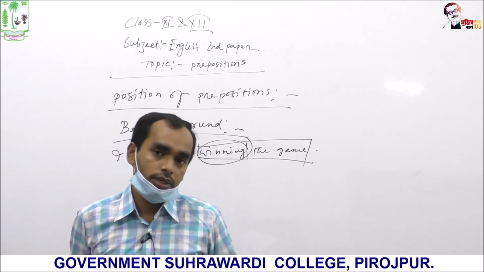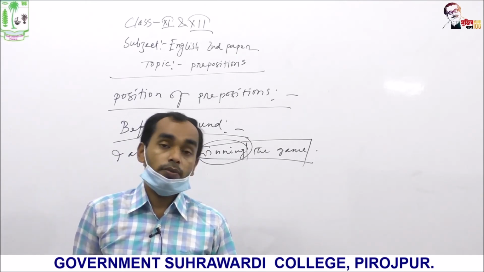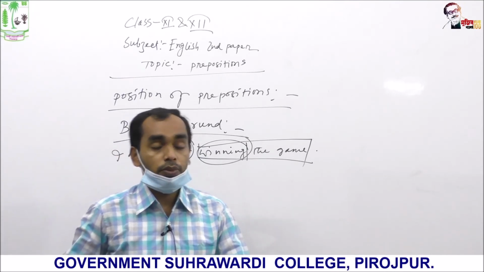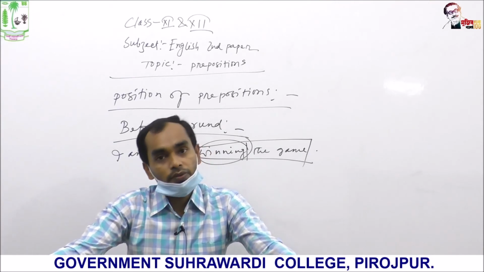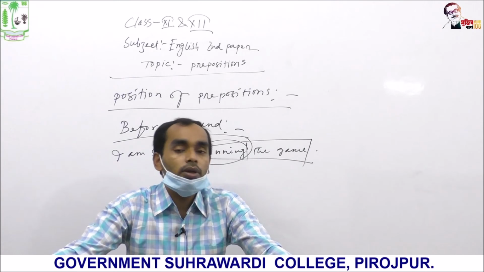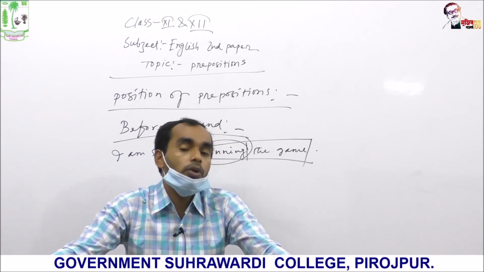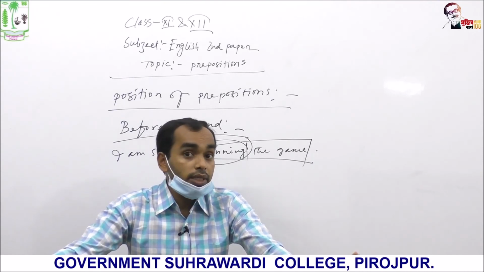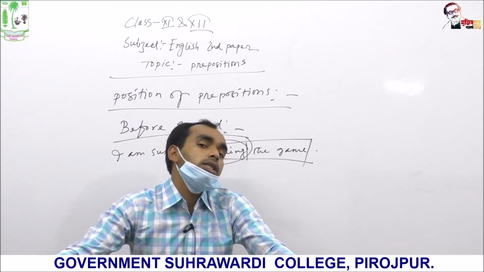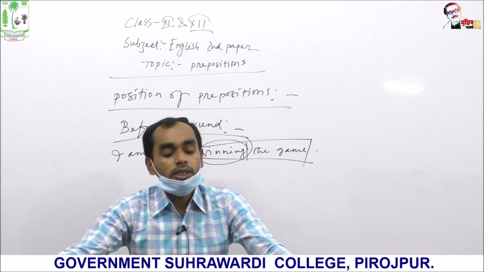A preposition can be used before a noun, before a pronoun, before an adjective, before an adverb of time and place, before an infinitive, before phrases, before a clause, and lastly before a gerund. We have got 8 types of positions of a preposition in a sentence, and I have already mentioned that.